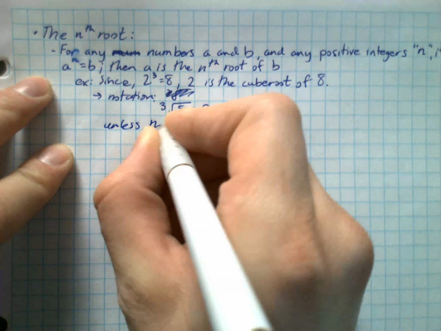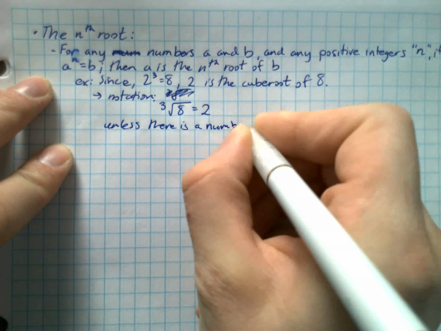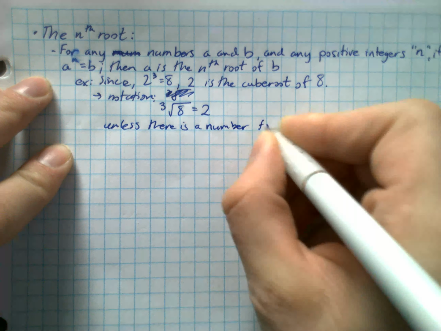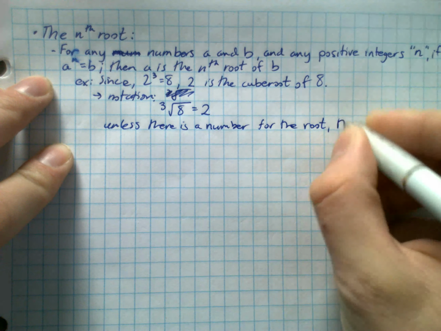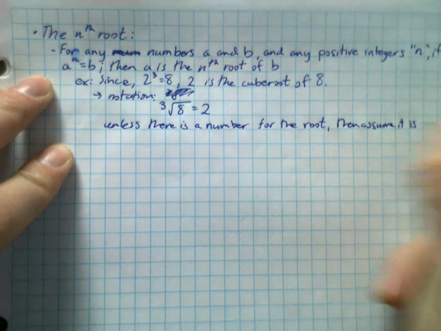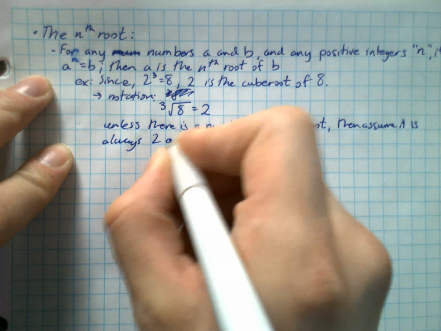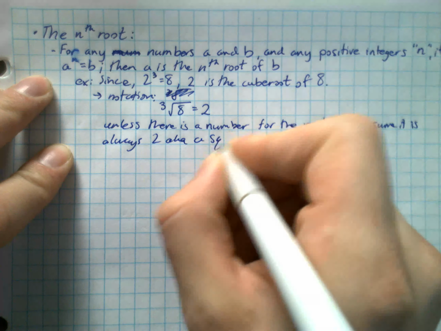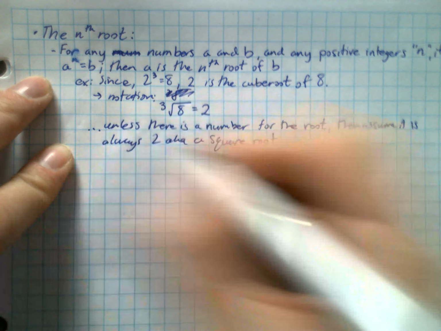Unless there is a number for the root, then assume it is always 2, aka a square root, okay?